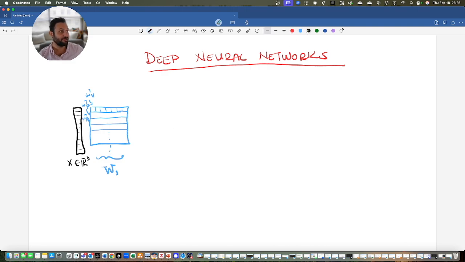If you remember, we said an output y can be the summation of i equals 1 to d of wi xi plus some b. And I would like to add this b, but I would like to make this addition just like in linear algebra.